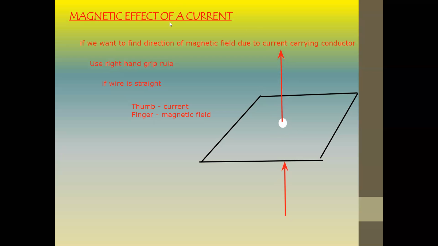This is the direction of the current. The question is, show the magnetic field around the wire. How will you do it? You will use the right hand grip rule.